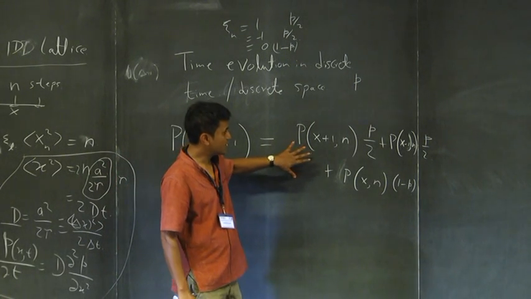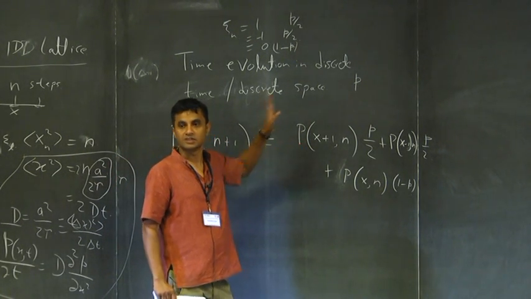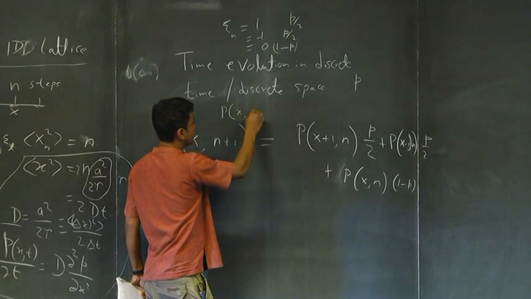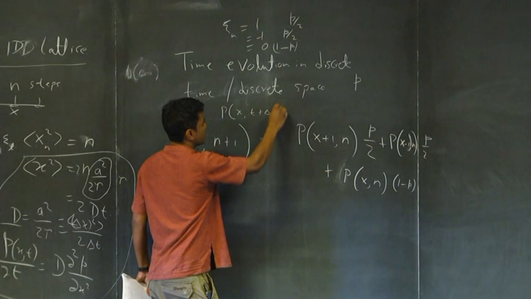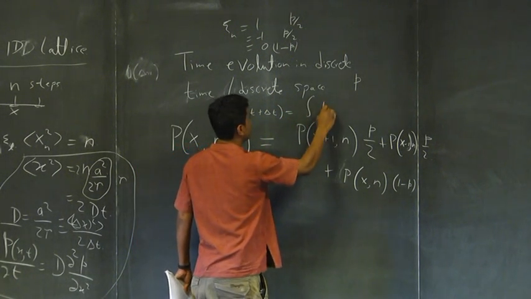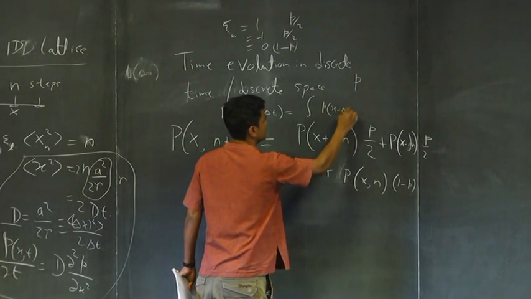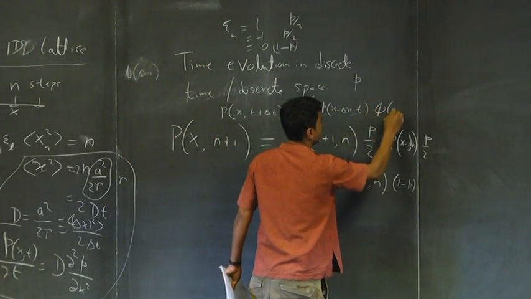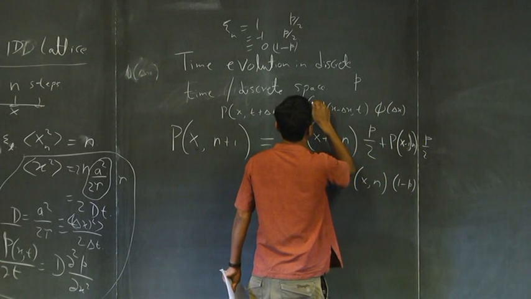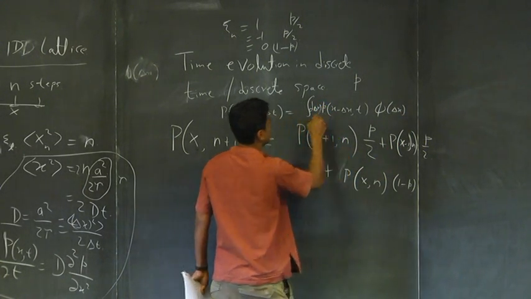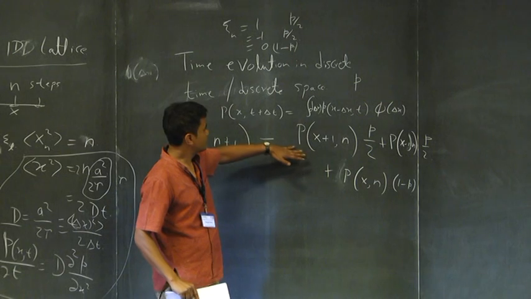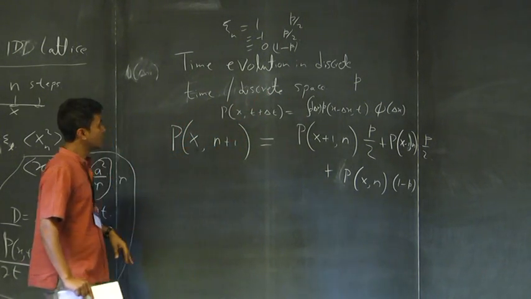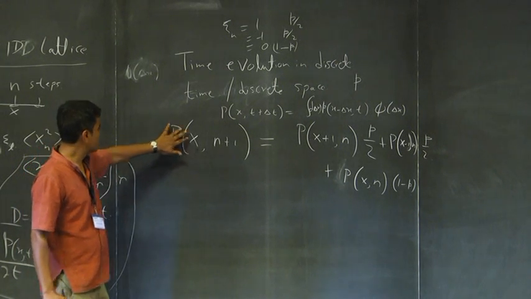You should notice that this is exactly the equation that Sanjeev had written for the evolution, in continuous time, some equation like this p of x, t. So this equation is just the discrete version of this equation. They are at the same level. Now we'll see how to go from this to this.